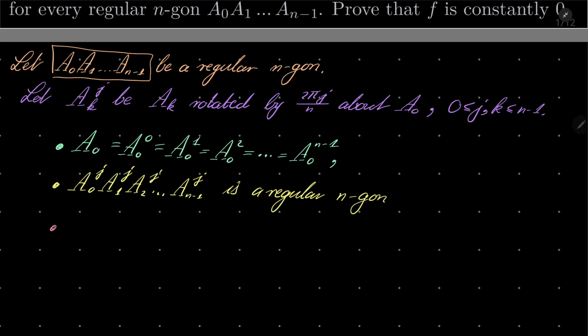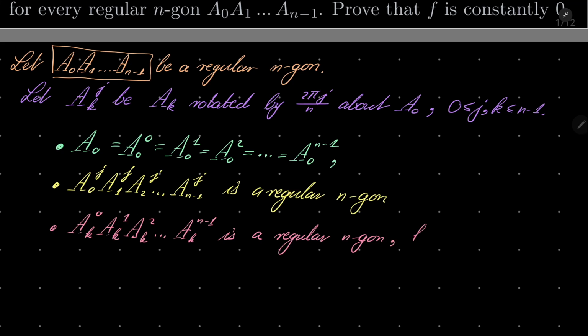And moreover, a_k^0, a_k^1, a_k^2, and so on up to a_k^{n-1}, what is it? It's also a regular n-gon if k is greater than or equal to 1, because for 0 we have a degenerate n-gon, degenerated to one point.